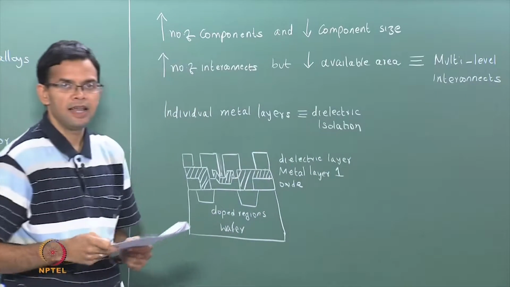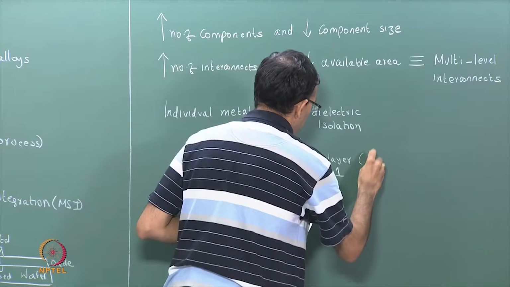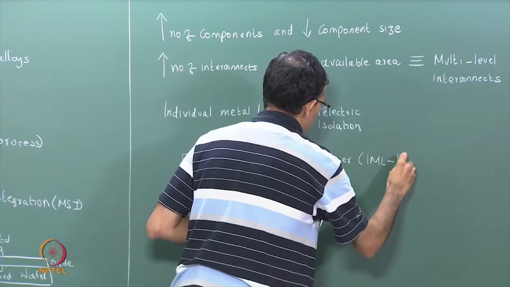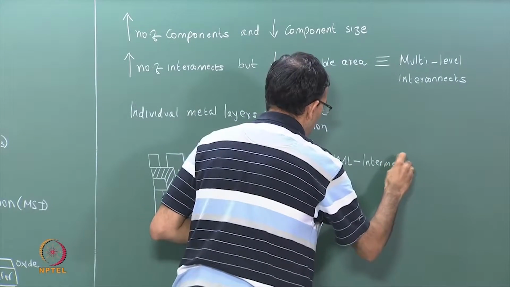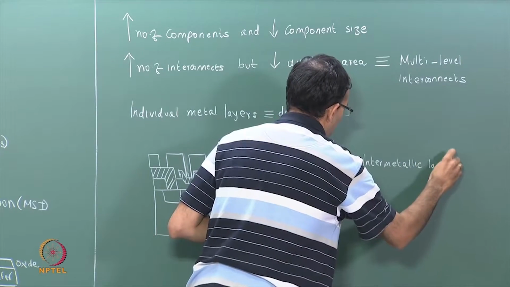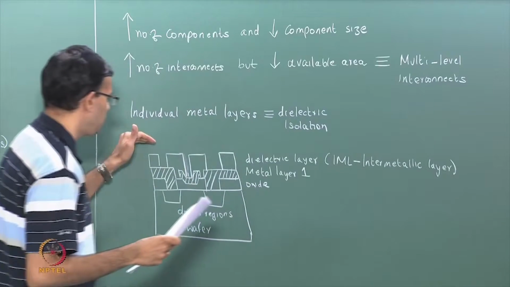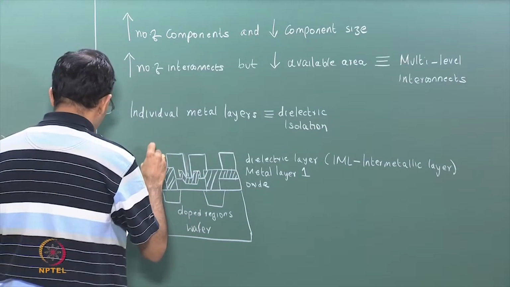This dielectric layer is usually called the intermetallic dielectric layer, because it separates two metal layers, and then you have another layer of metal on top.